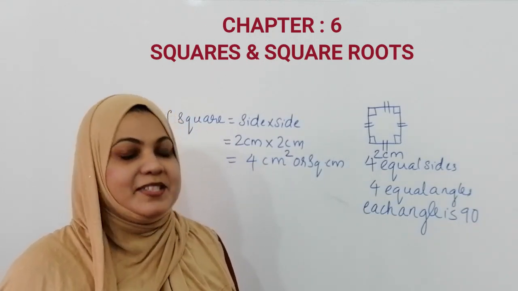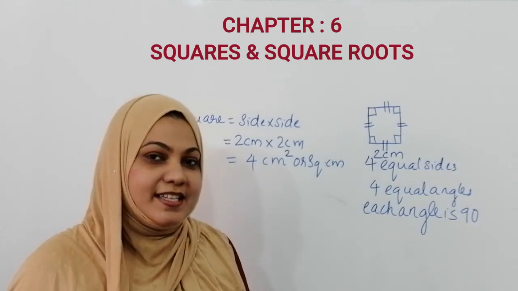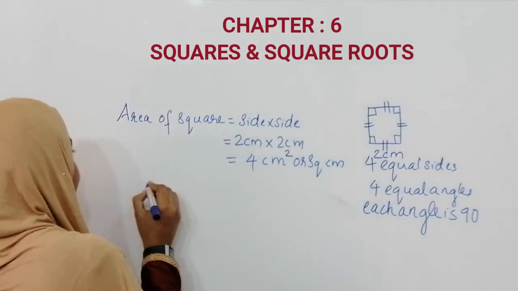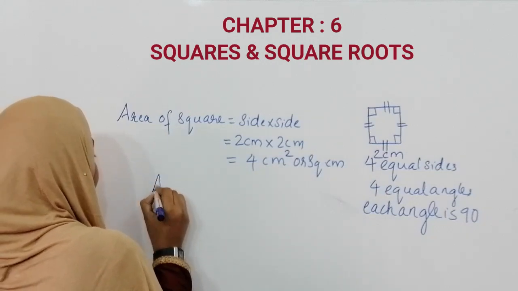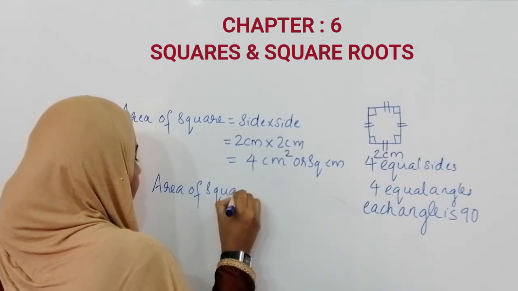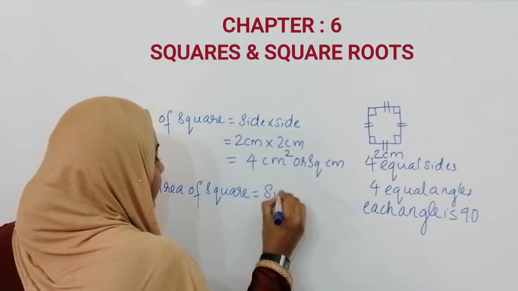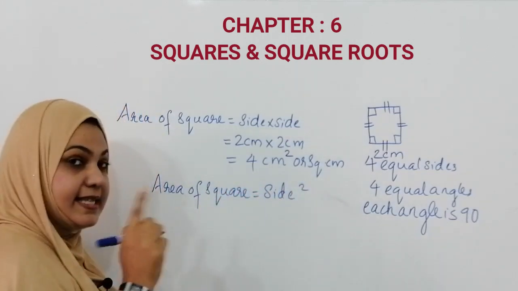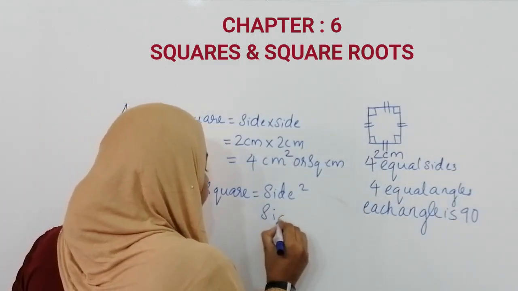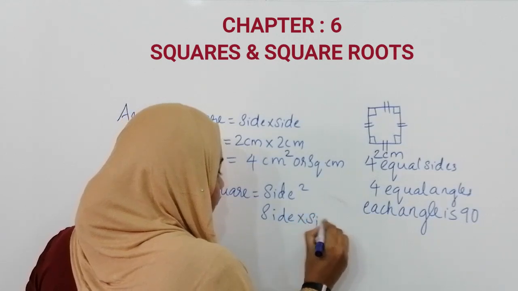But in higher classes, you will say area of square is equal to side square. Both are the same. Side square means side into side.